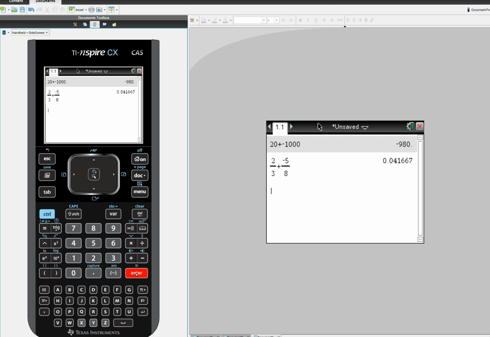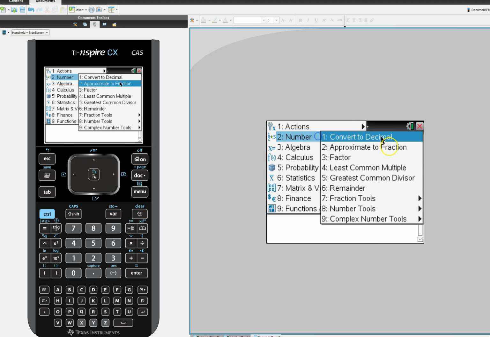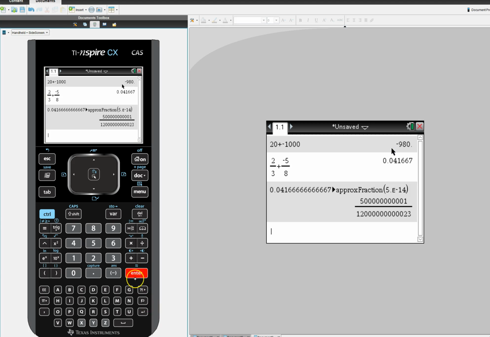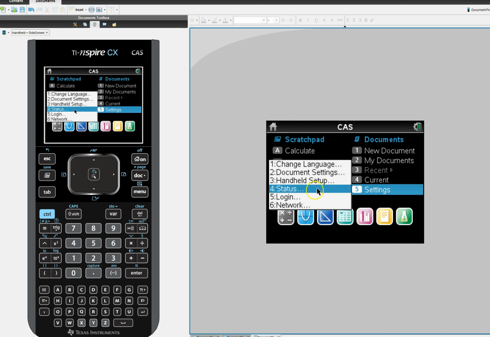Mine gives it to me, but we need to be comfortable going from the decimal to the fraction. So menu for me, what is it? Number, there it is. Write that as a fraction for me. Oh, that sucks. What just happened? I think we just broke my calculator. Interesting. All right, I'm going to mess with my settings.